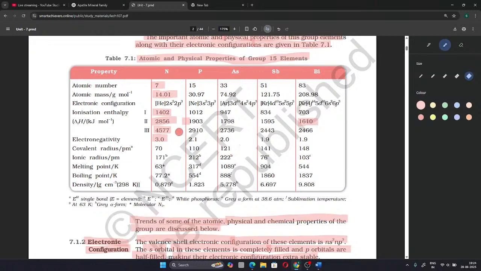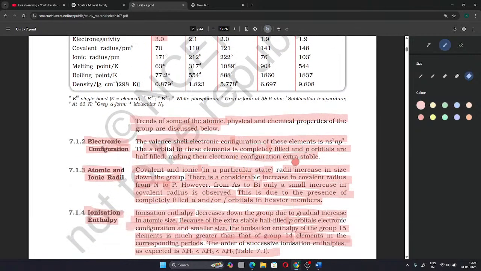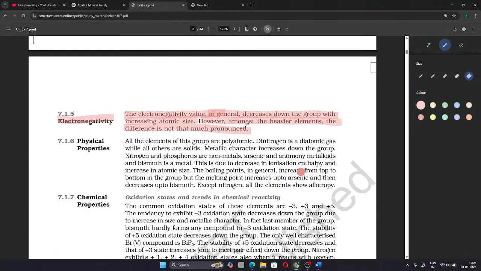From nitrogen to phosphorus there was a 0.9 change, but from arsenic and antimony only a 0.1 change, and bismuth being even less of a change. This general trend is somewhat followed, but there is not much difference.